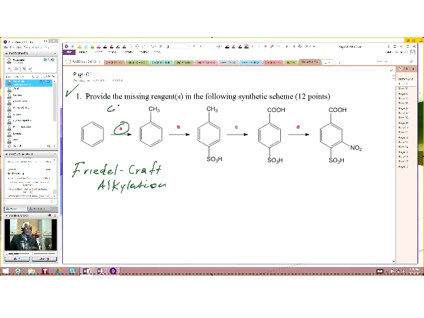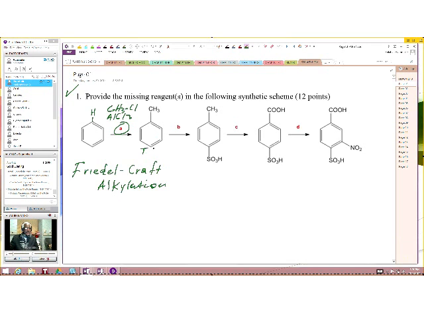Okay, very good. So in other words, you are going to use this reagent here, methyl chloride in the presence of aluminum chloride as a catalyst. And when you do that, this methyl here will replace one of the hydrogens on the benzene ring, and now you form your toluene.